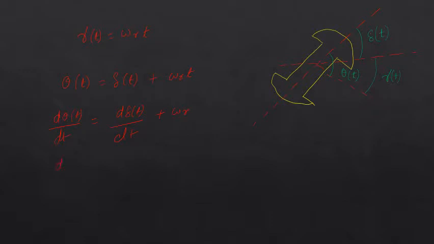And if I double differentiate, because we need acceleration, d square theta t upon dt square is equal to d square delta t by dt square, and this omega r is now constant, so after the first differentiation it becomes 0. So d square theta t upon dt square is nothing but the change in delta t, and that is your alpha, the angular acceleration.